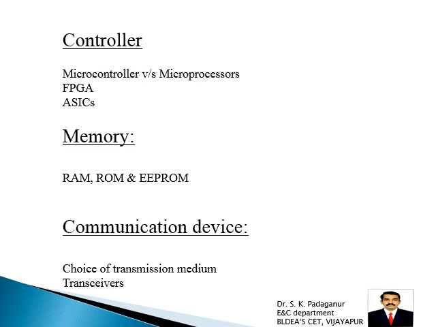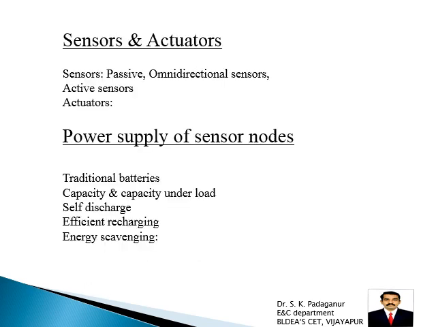Now the next component is sensors and actuators. Without the actual sensors and actuators, a wireless sensor network would be useless. Sensors can be roughly categorized into three: passive sensors, narrow beam sensors, and active sensors.